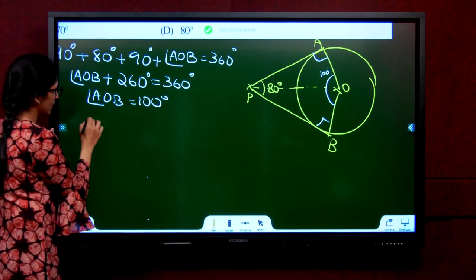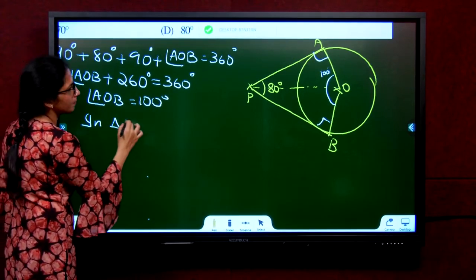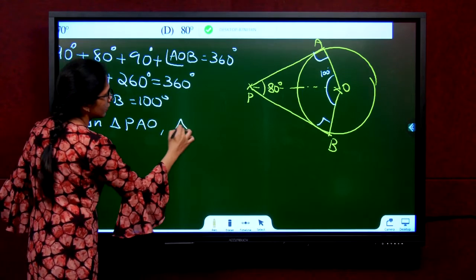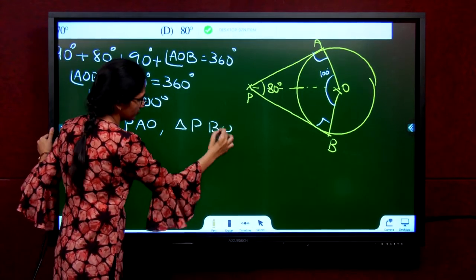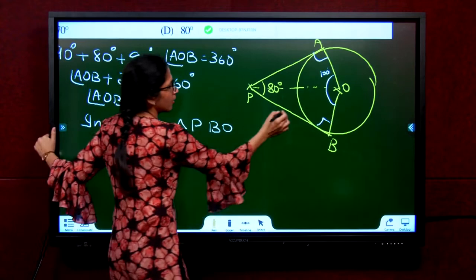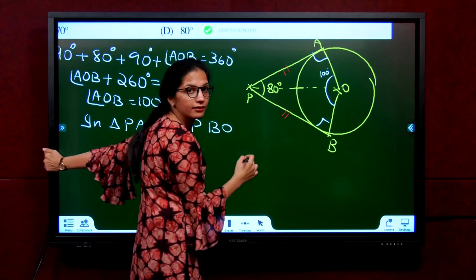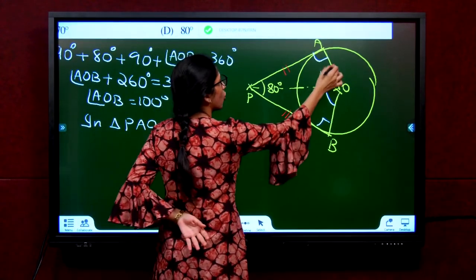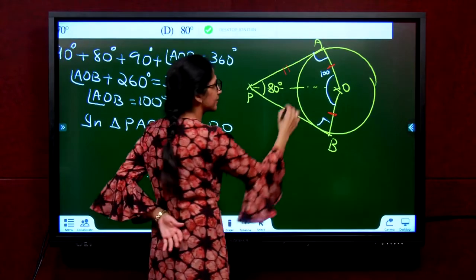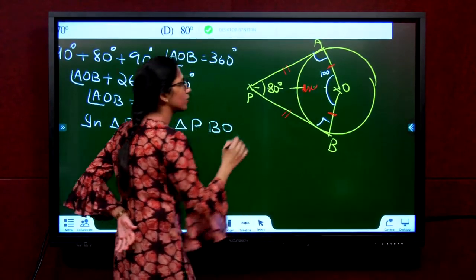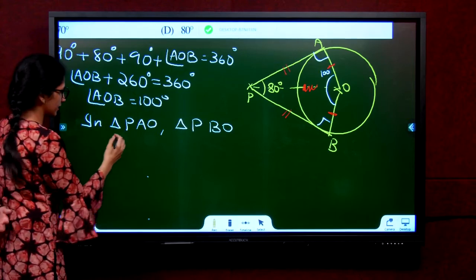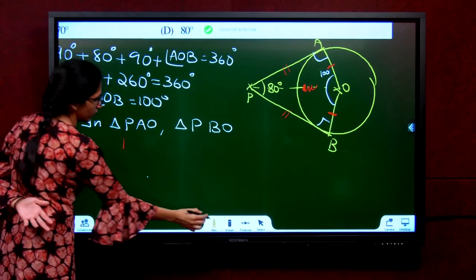In triangle PAO and triangle PBO, PB equals PA, why? Length of tangents are equal. OA equals OB, why? Radius. OP equals OP, why? Common. So SSS congruency.